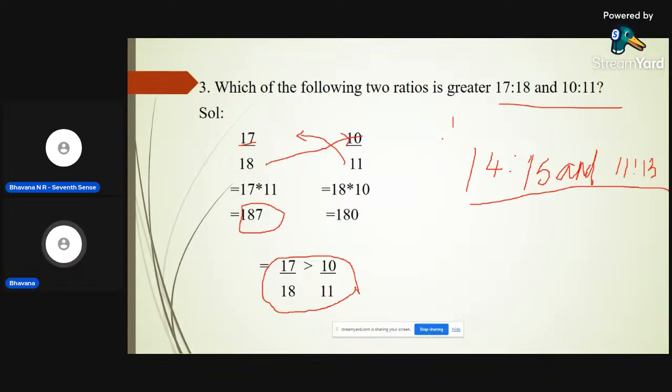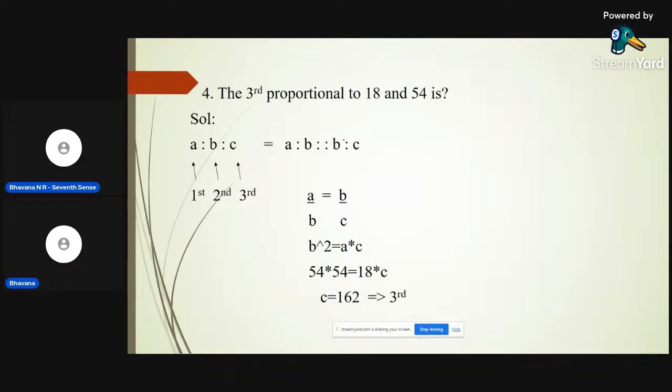So which is the greater here? Yes, 14 is to 15 is the greatest value.